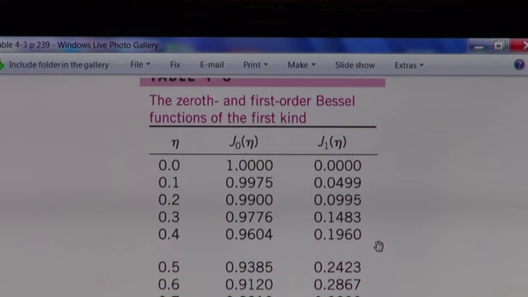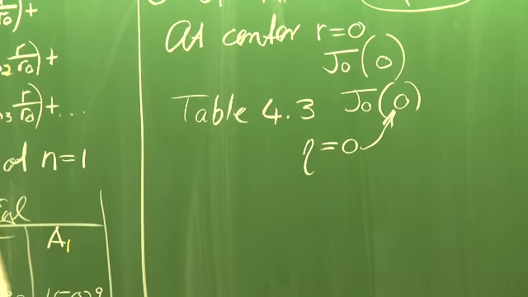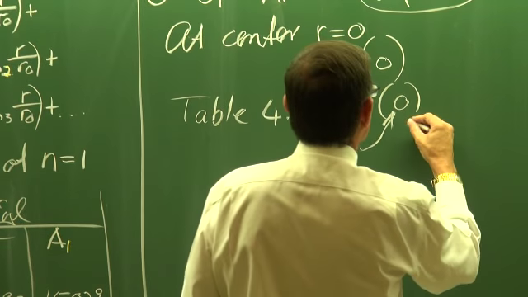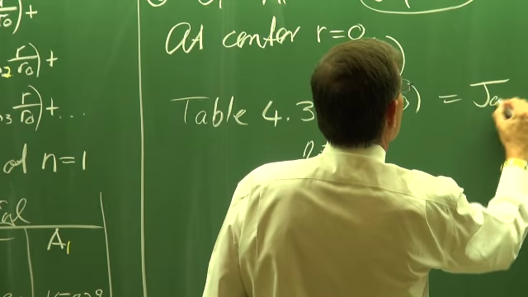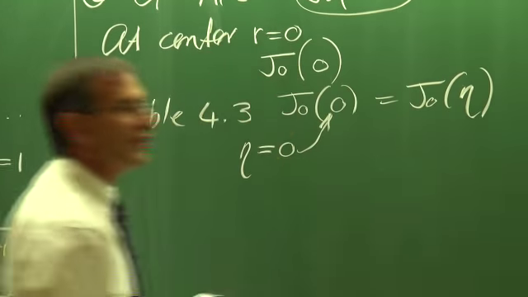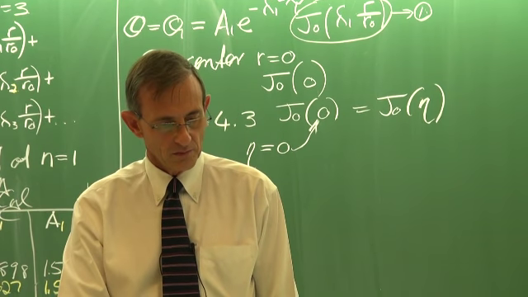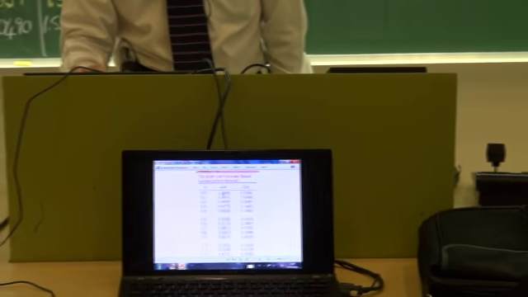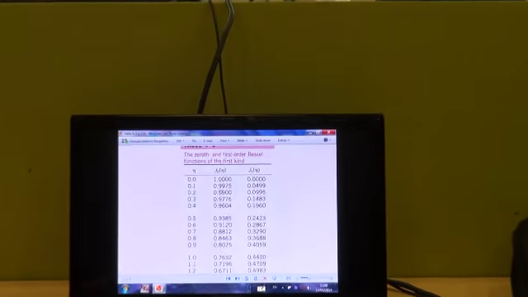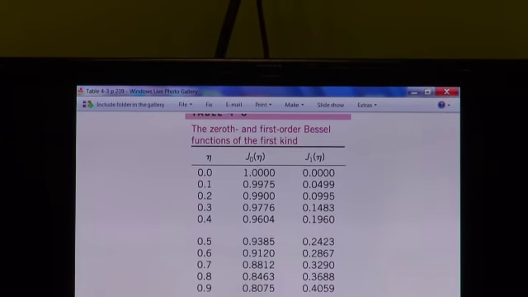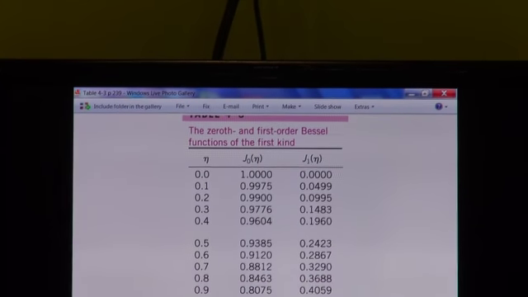We are interested in the case where eta is equal to 0. So if we look at eta for J0, that term is equal to 1.